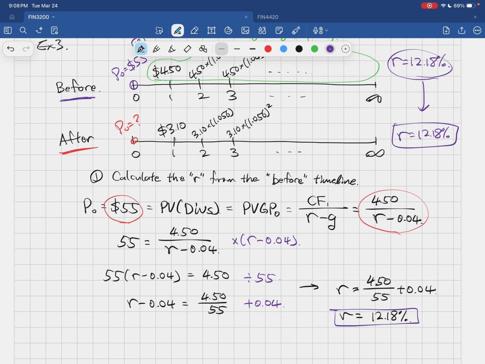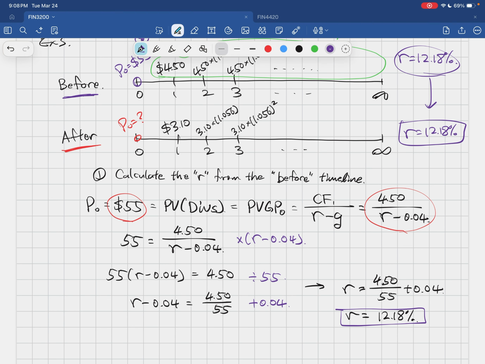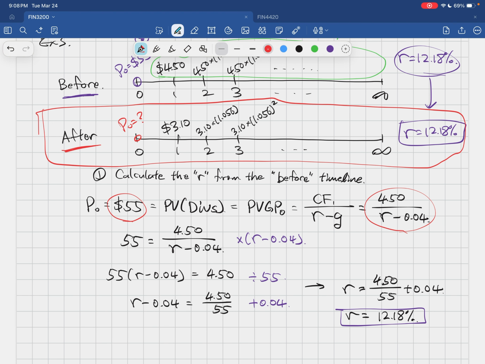So now the second step is pretty straightforward. We have this timeline, the after timeline, and we have all the components we need to figure out the price. We're still dealing with a growing perpetuity, but we have different numbers now. 3.1 occurring in year 1, and it grows at 5.6% every year, and the discount rate, the cost of equity, is 12.18%.